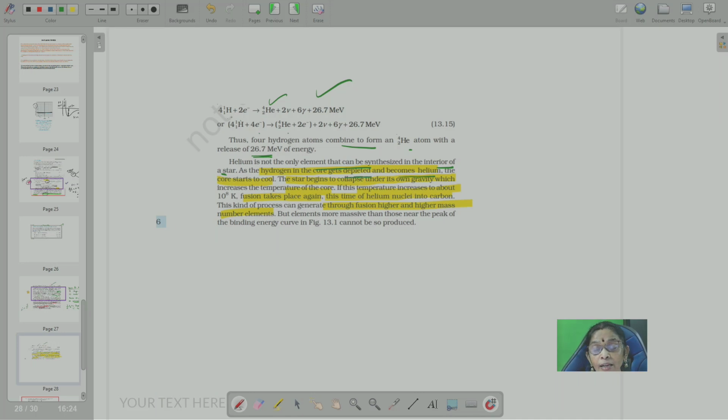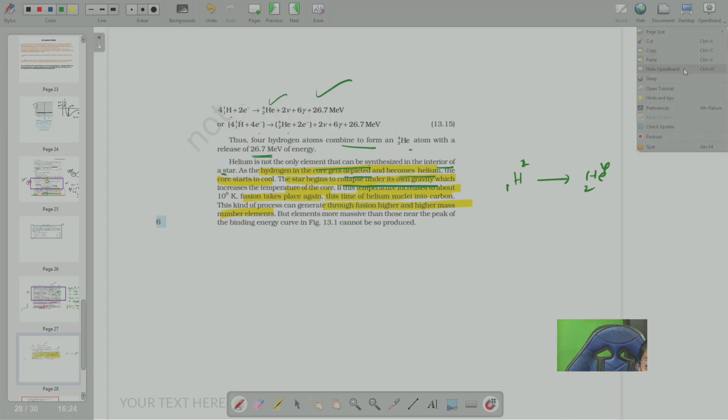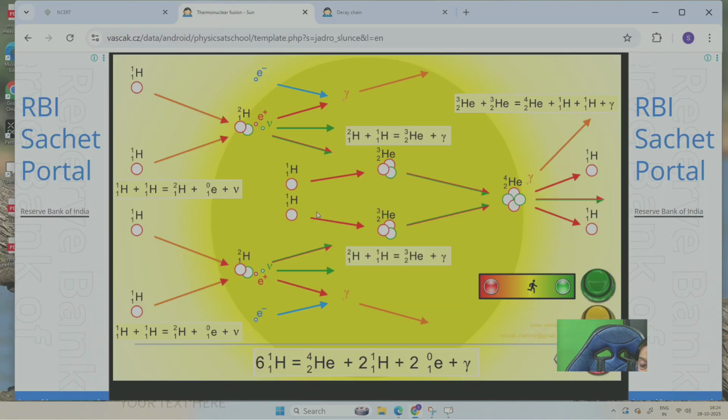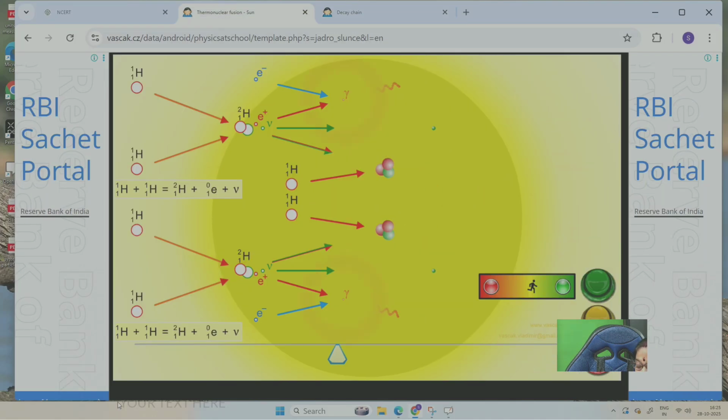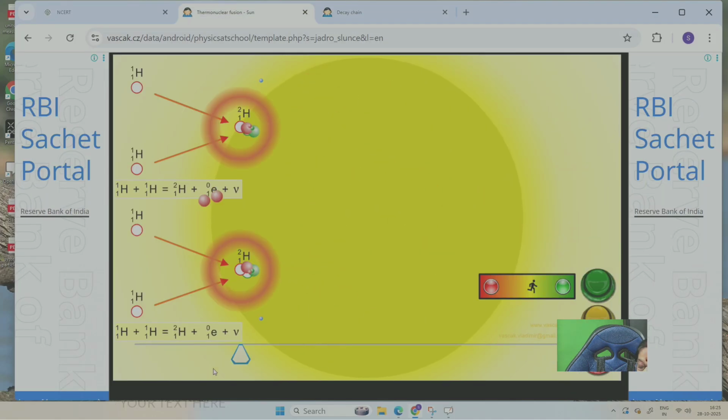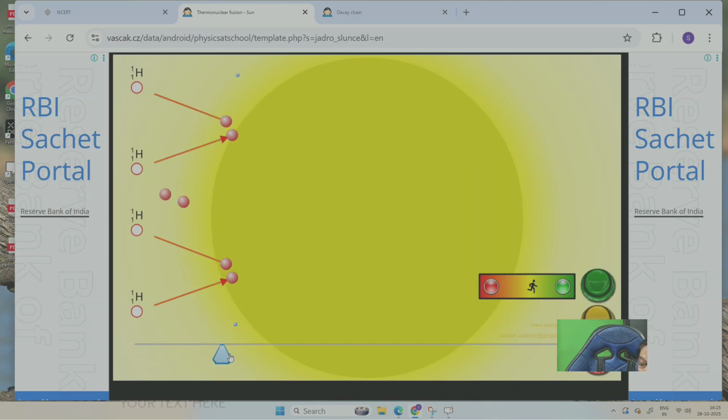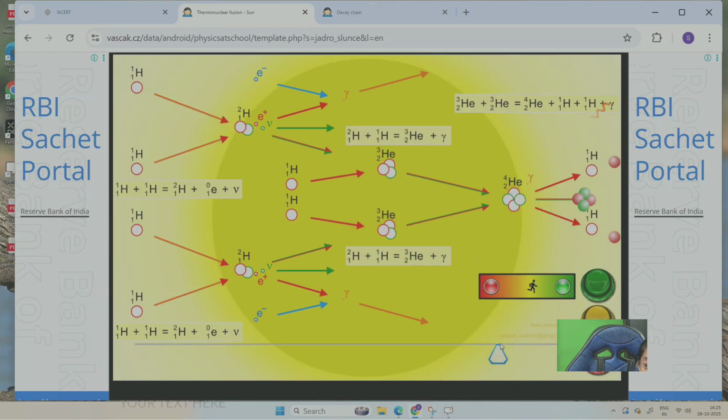As the hydrogen in the core gets depleted and becomes helium, the star begins to collapse under its own gravity. Now we have seen this, once again I will show you. See here, the hydrogen is becoming helium. Once after becoming helium, the star tries to collapse.